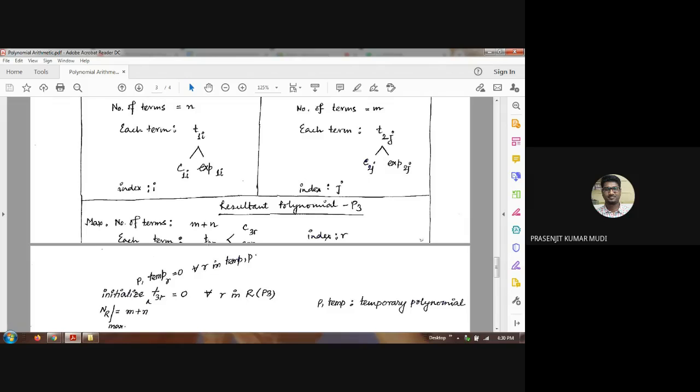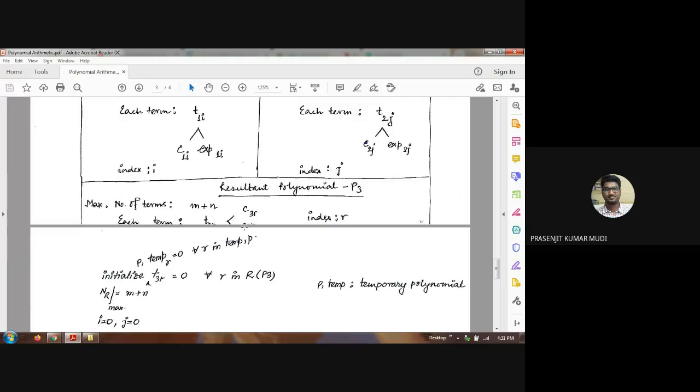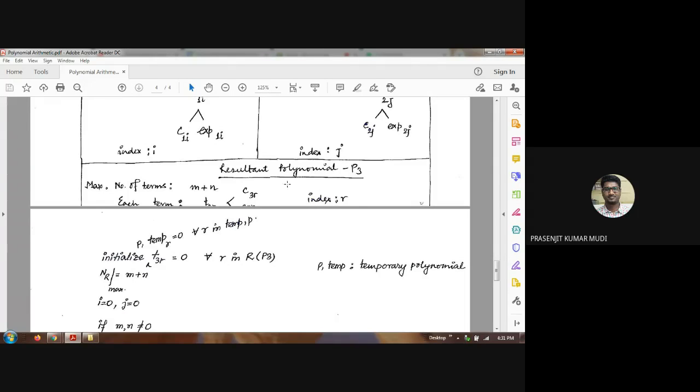It should be T3r. T3 means 3 for the third polynomial P3, and T for term, and rth term of the third polynomial, so T3r. Each T3r consists of C3r and exp3r. Index r is being used here.